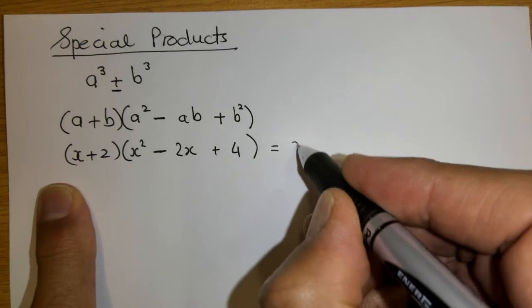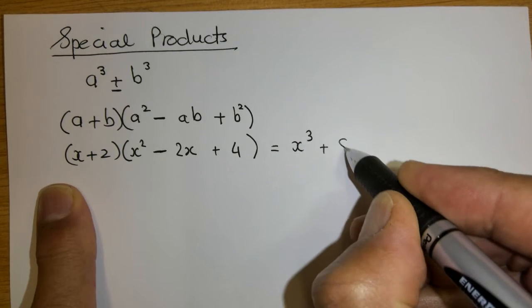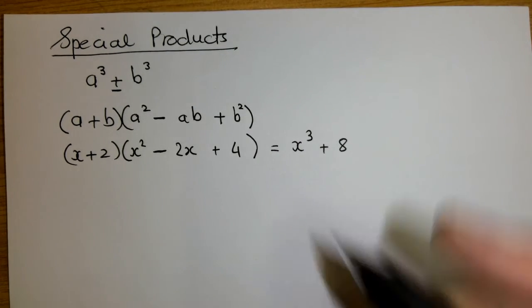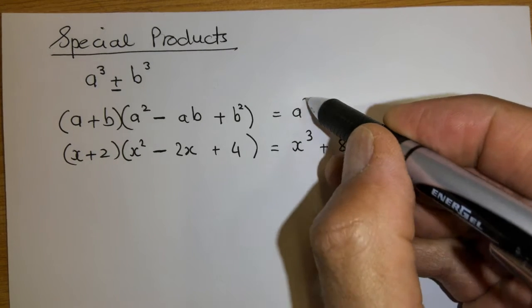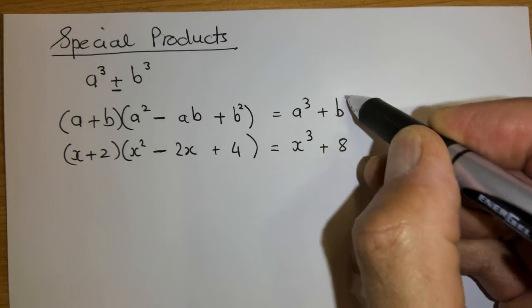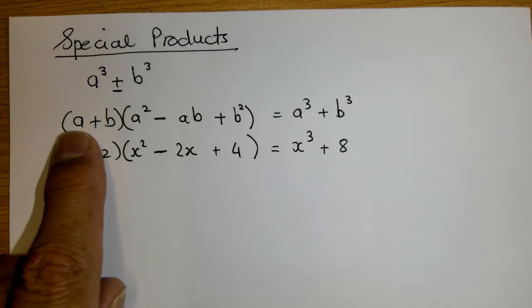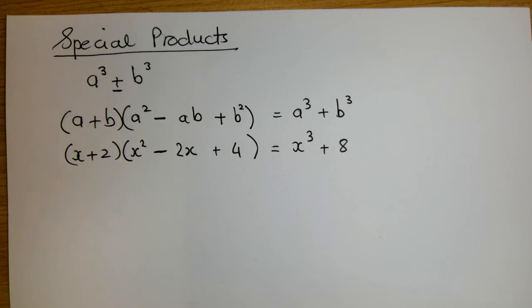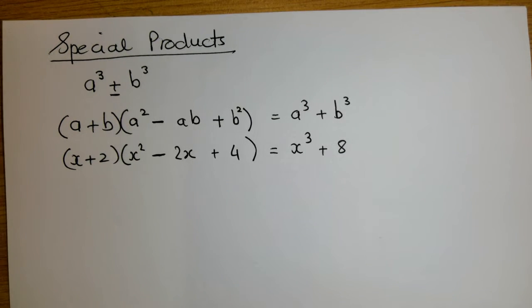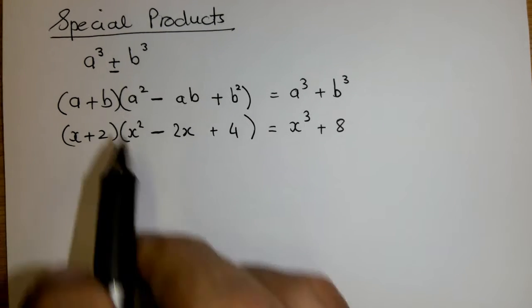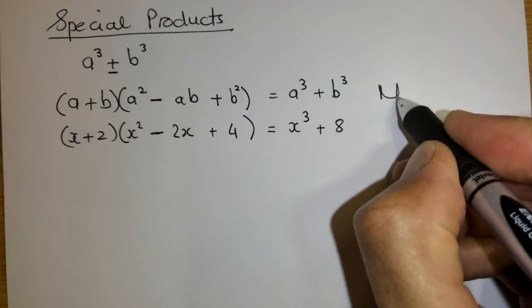So this result will be x cubed plus 8. Here it will be a cubed plus b cubed. The first one cubed plus the second one cubed. But it has to be in that form. It has to be in this form here.